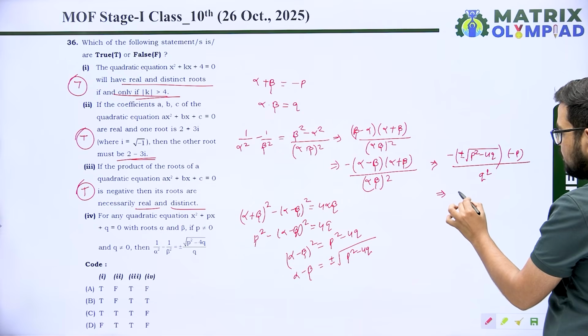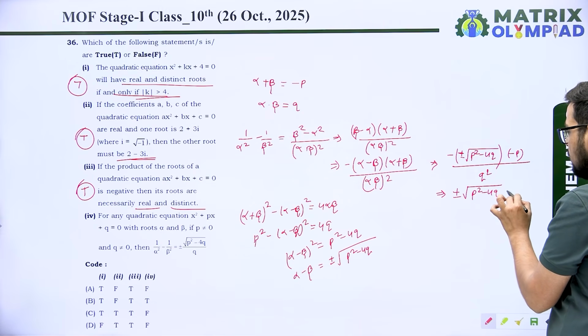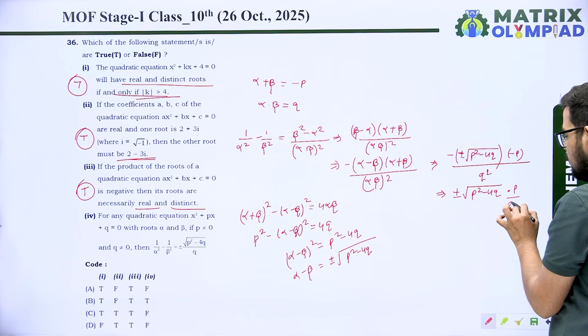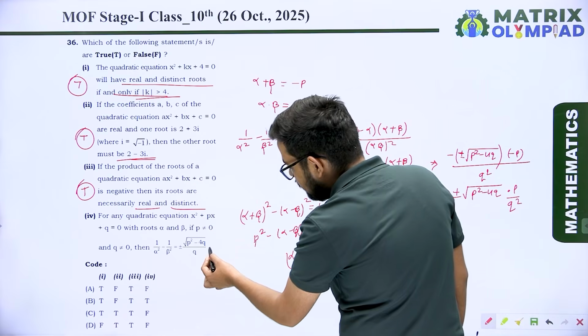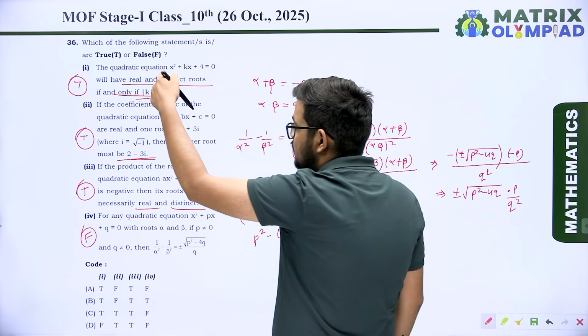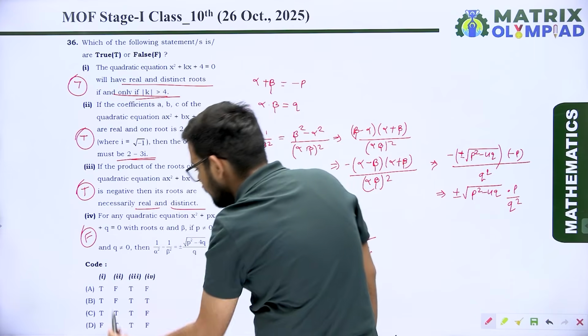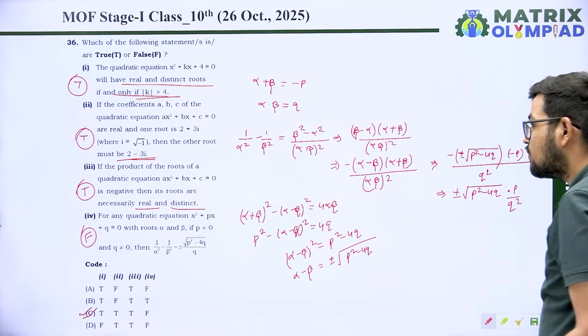So you will get plus minus root p square minus 4q into p upon q square. But here it is not matching, so this one is false. So our correct answer is TTTF. TTTF, option C will be the correct answer.